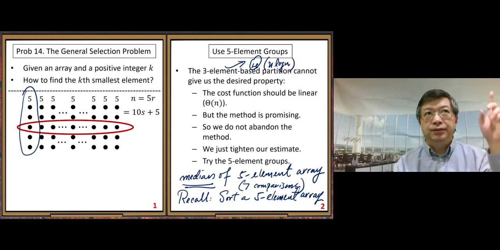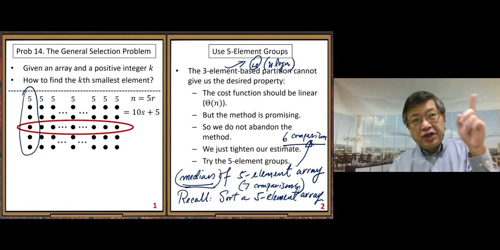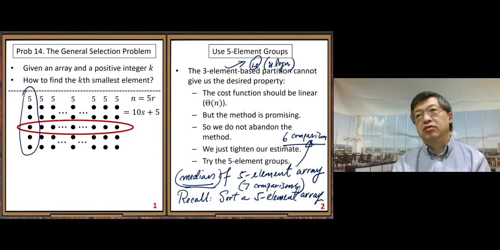To find the median of 5 elements, the answer is 6 comparisons. This is also a challenging question, very challenging. If you want to try, that's good.